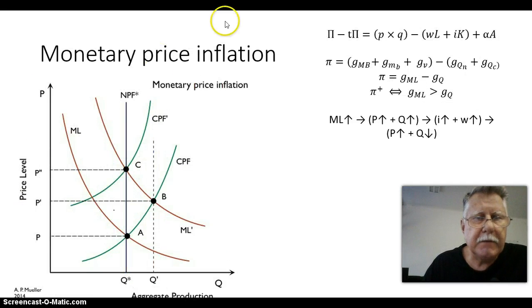Now to monetary price inflation. Here something else is happening. Macroeconomic liquidity rises. We move along the cyclical production frontier. Here too, output expands, yet it comes with a higher price level.